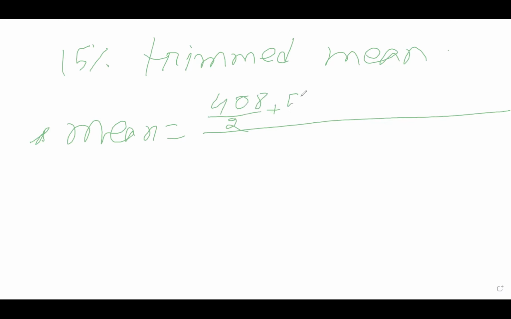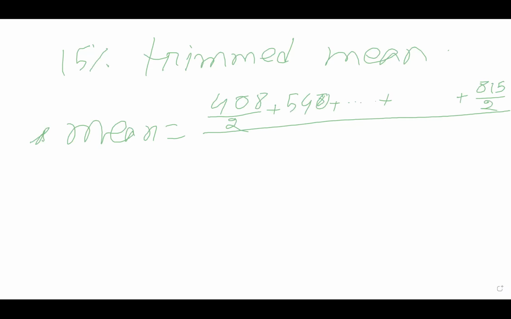So 540, plus, similarly from the right side, you will remove this number completely. You will remove this number and 50% of 815. So 50% of 815 means the last number will be 815 divided by 2, 50% of the last number.